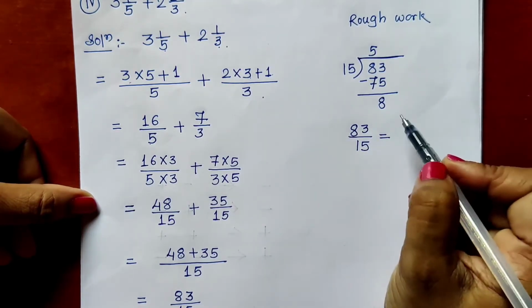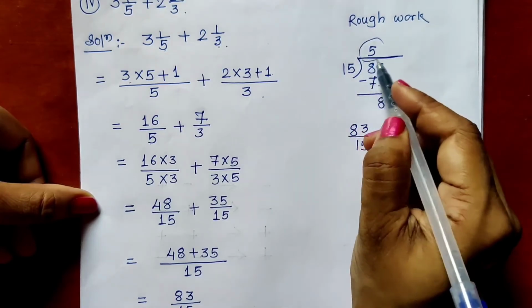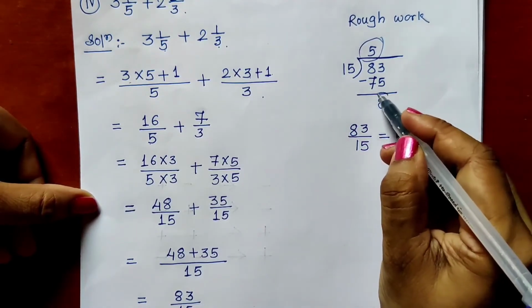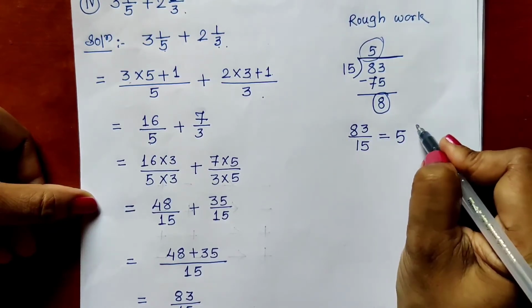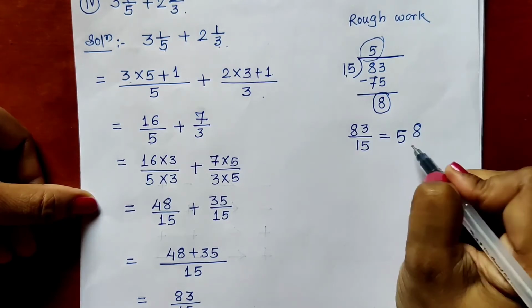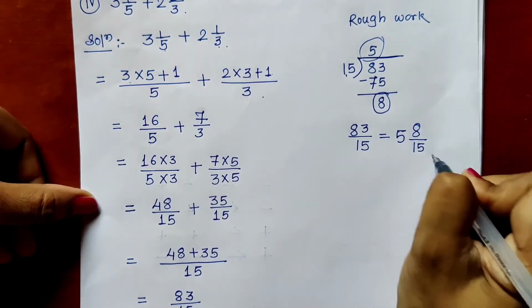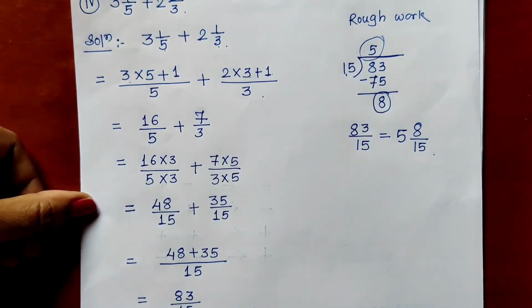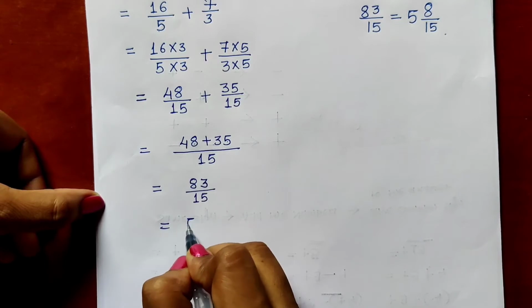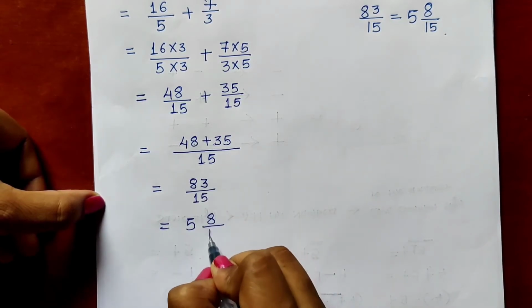While writing the mixed number, what should be written first? First we have to write this quotient 5 as the integer, then the remainder 8 as numerator, then the divisor 15 as denominator. So the answer is 5 integer 8 upon 15, that I am going to write here.